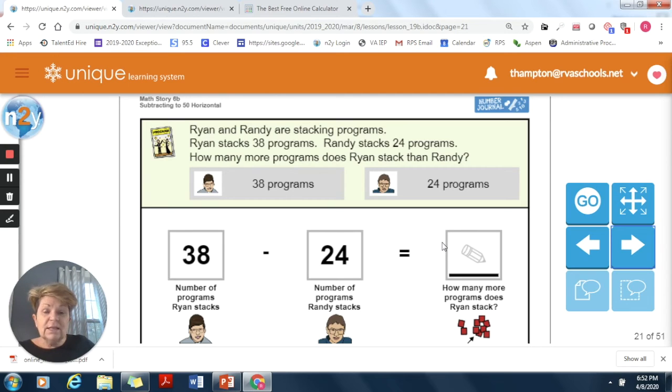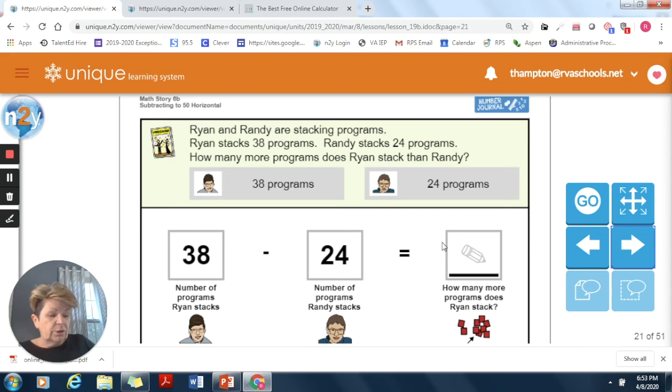Now in our tens column, we have 3 minus 2, correct? We have 3 minus 2 in our tens column. So we can just quietly put 3 fingers on the table, and we can take away 1 finger, and we know we have 2 fingers left.